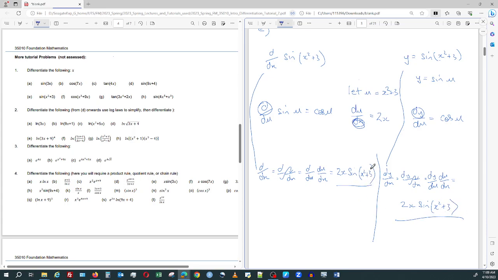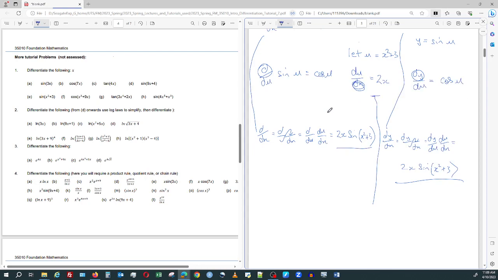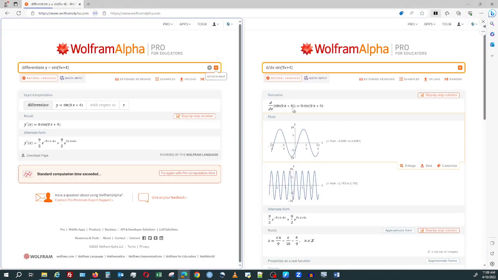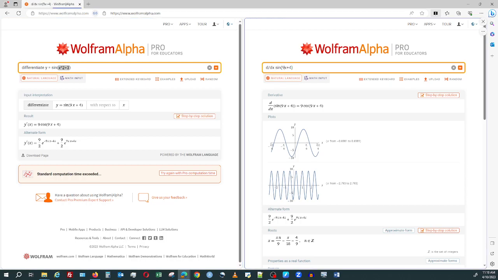So irrespective of whether you're doing it as an equation or as an expression, you're going to end up getting the same thing. So we can check: sine of x squared, so it's to the power 2, plus 3, and we can put that in there.